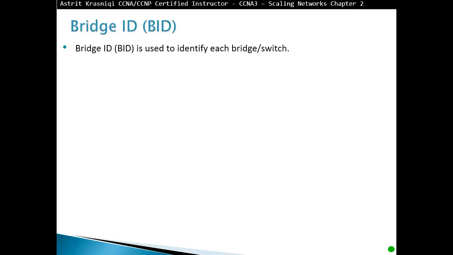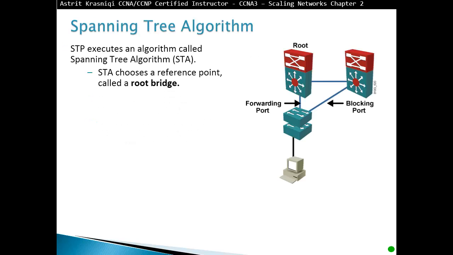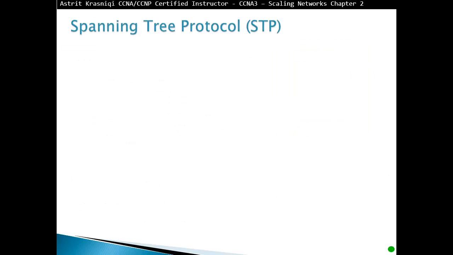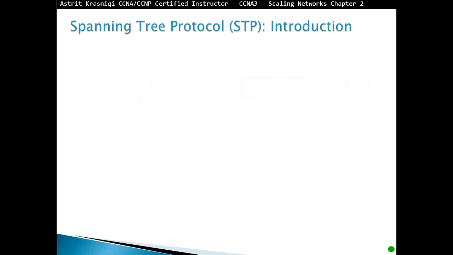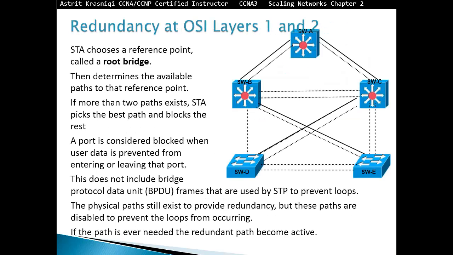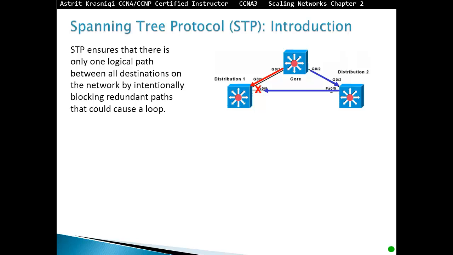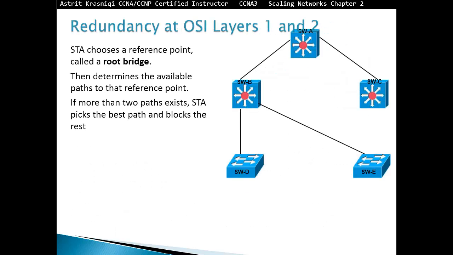A bridge ID, right? Let me go back a little bit here. We find out the root bridge. Then the other switches, called non-root bridges, will calculate the fastest path towards the root bridge.